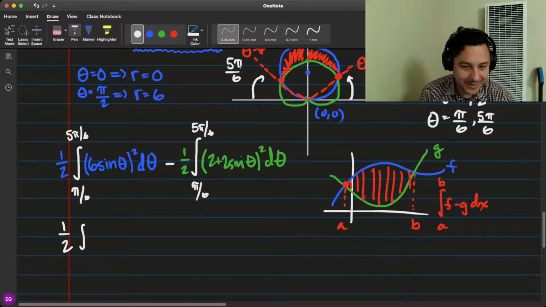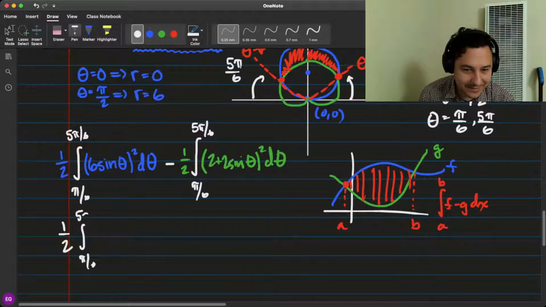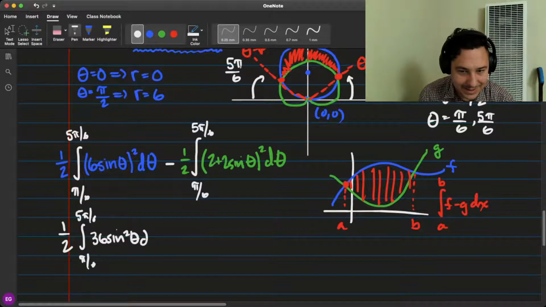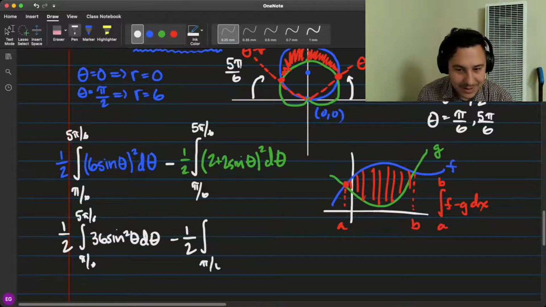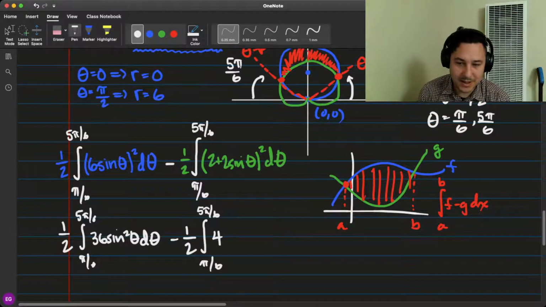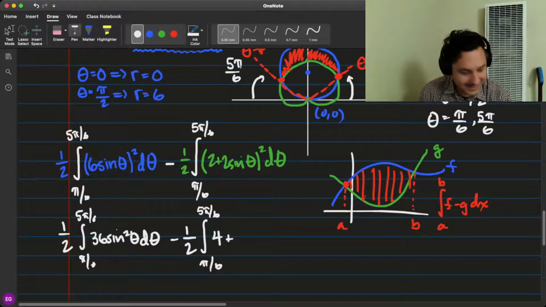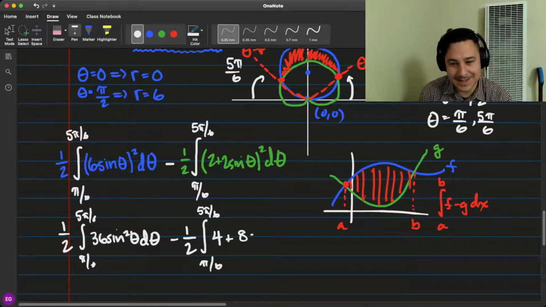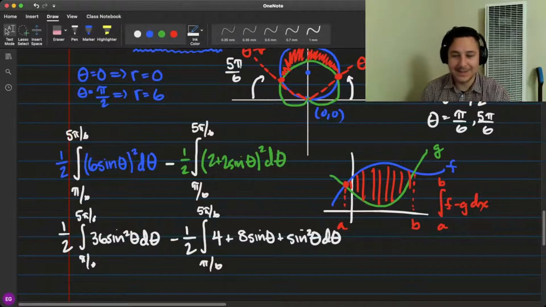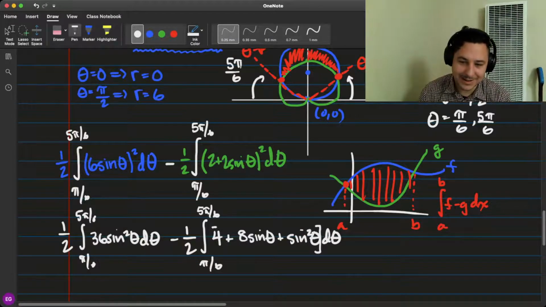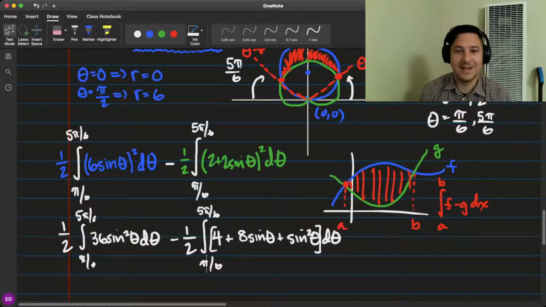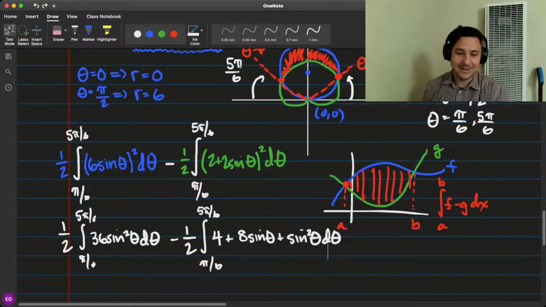One-half integral from pi over 6 to 5 pi over 6 of 36 sine squared theta d theta, minus half integral from pi over 6 to 5 pi over 6 of 4 plus 8 sine theta plus sine squared theta d theta. Cool. Boom.